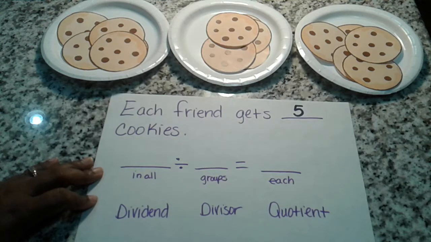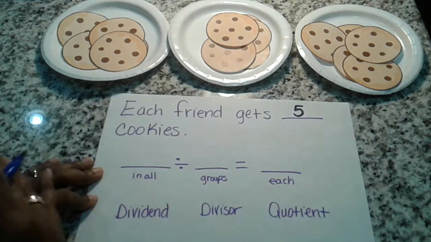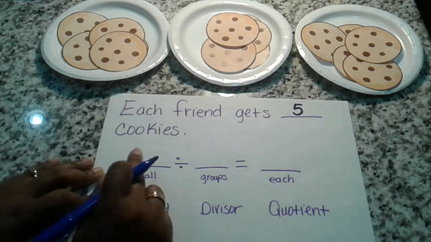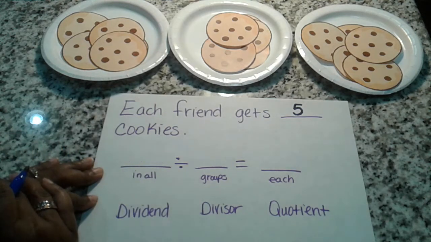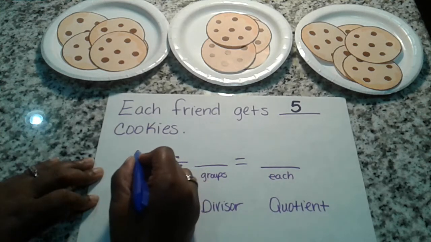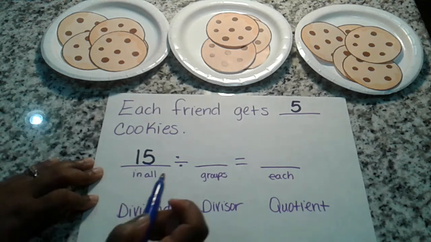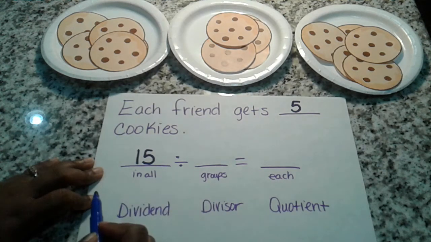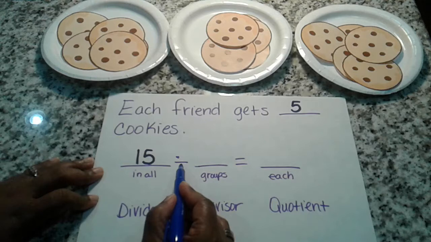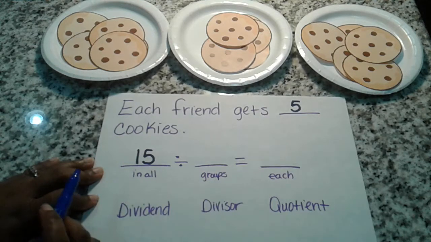So here we have our division sentence strip, right? In this first line, we put the total number of objects that we have in all. So in our case, our objects were cookies. And we had 15 cookies in all. This is our division sign. 15 divided by our number of groups.